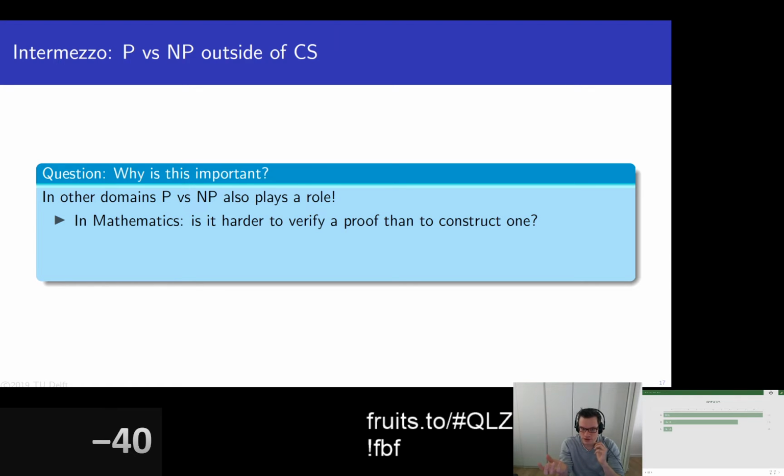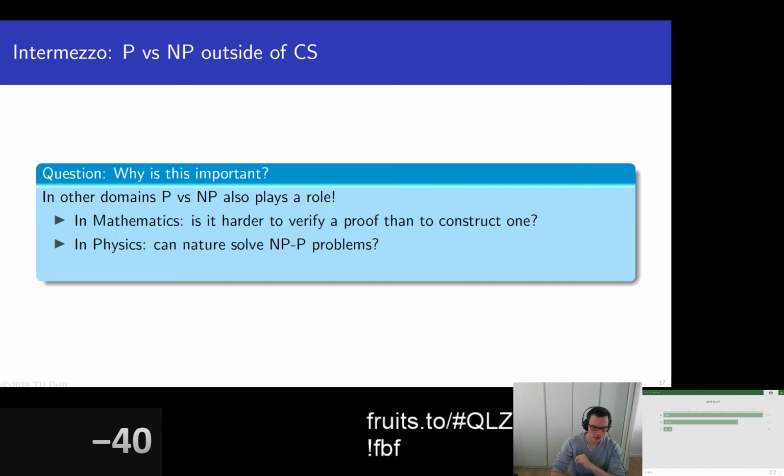Now, if it turns out that P equals NP, we could ask a computer, is there a proof of less than 1,000,000 characters for this theorem? And it would output yes or no in an efficient way. So if P equals NP, constructing a proof and verifying one become equally easy. We would all be the next Gauss.